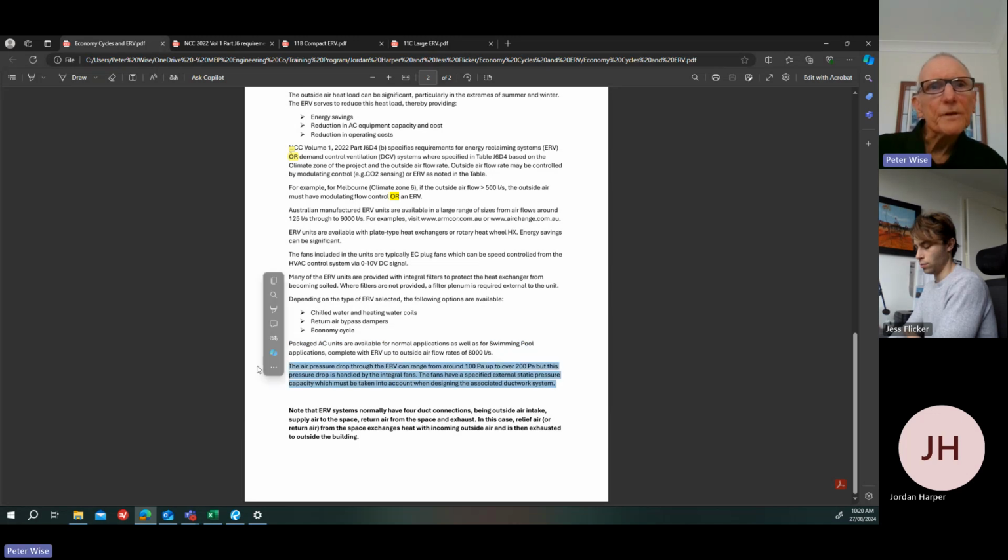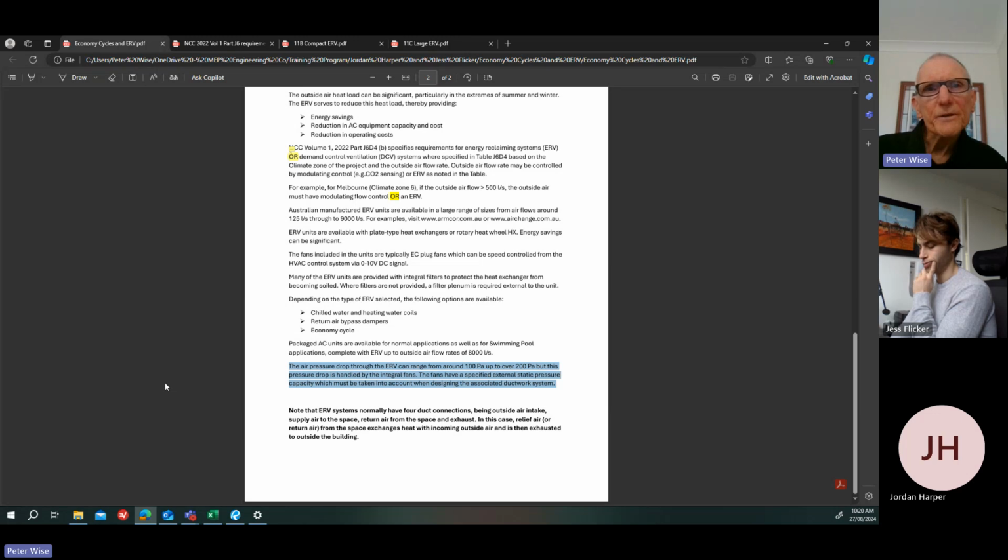Just another thing to be aware of, and I'm sure you would be by now, the air pressure drop through the ERV can range from 100 up to 200 pascals, which is the pressure drop through the heat exchanger and the internals in the system. But that's part of the design of the system, and that's handled by the fans.